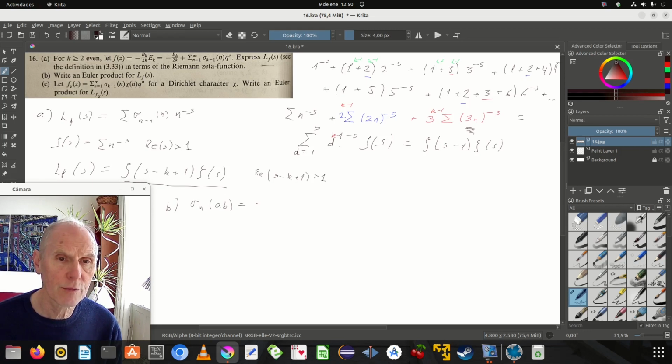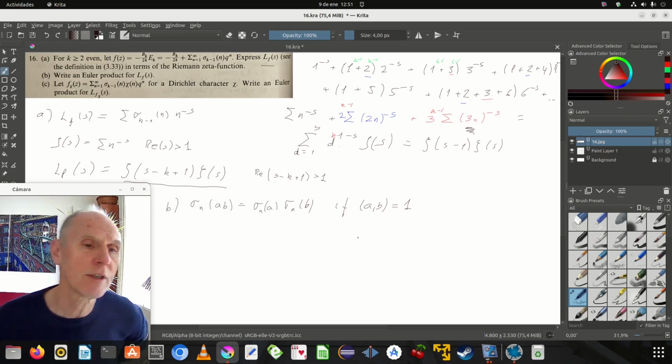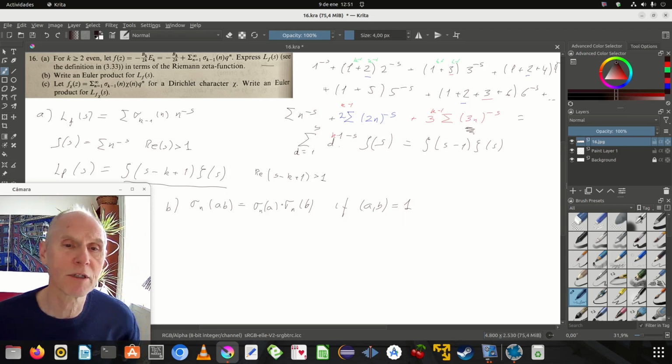It is a multiplicative function, but it only holds if they are mutually prime, because then the divisors can be multiplied to get a divisor of a times b. So it's not strictly multiplicative.